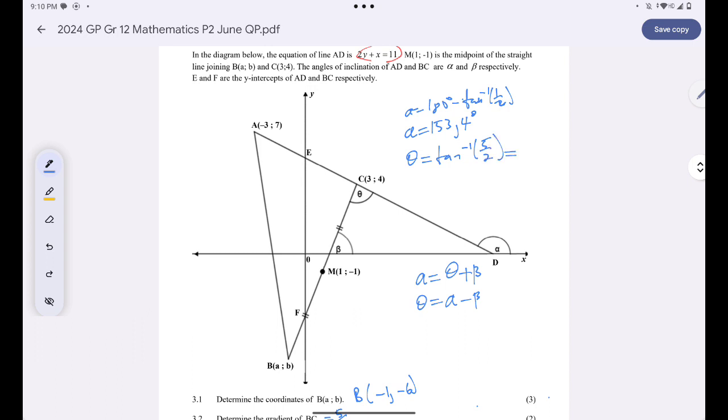Then beta, simply say tan inverse 5 over 2. What should I get? 68.2 degrees. Therefore, theta will be given by 153.4 minus 68.2.